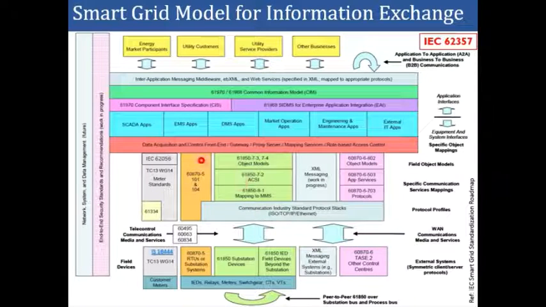There the information is processed, and the processed data is shared with the data acquisition and control front end, which makes sure that the data is securely communicated from the various devices, and then this data is shared with various software applications.